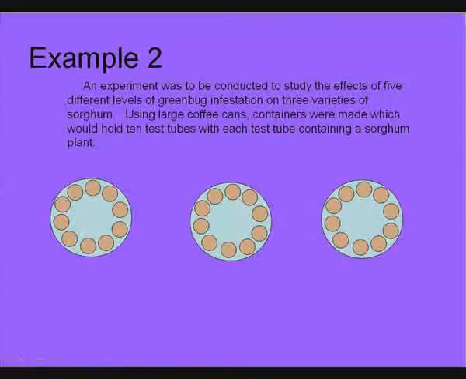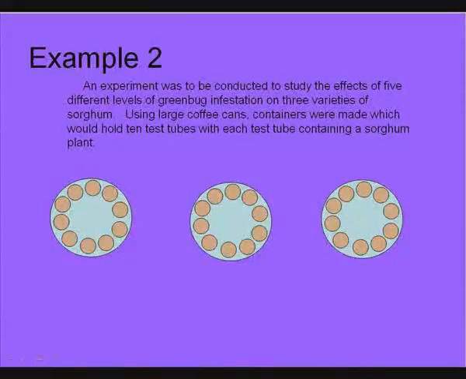He drilled 10 holes around the top of the coffee can, and then he was going to put a different test tube in each hole. In those test tubes he was going to grow one of these sorghum varieties. After the sorghum variety got growing pretty good, then he was going to infest them with greenbugs.